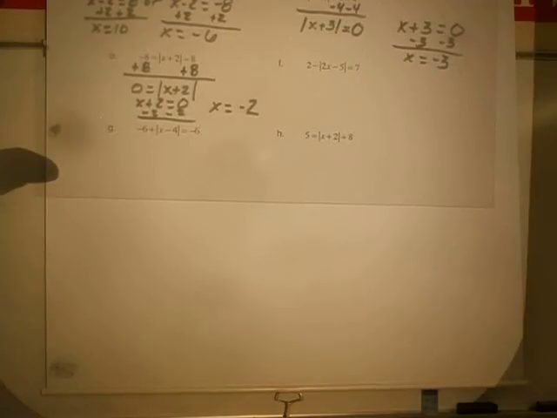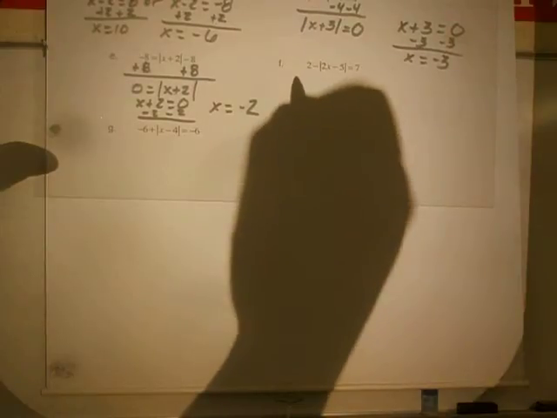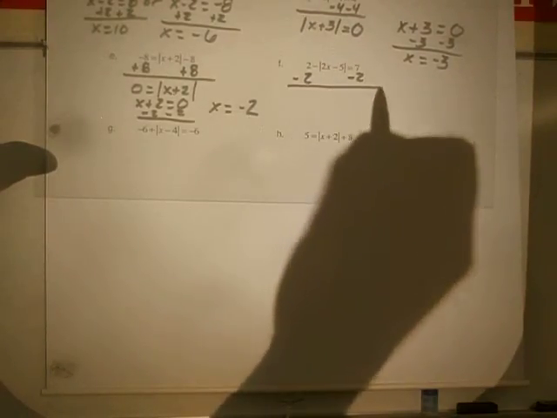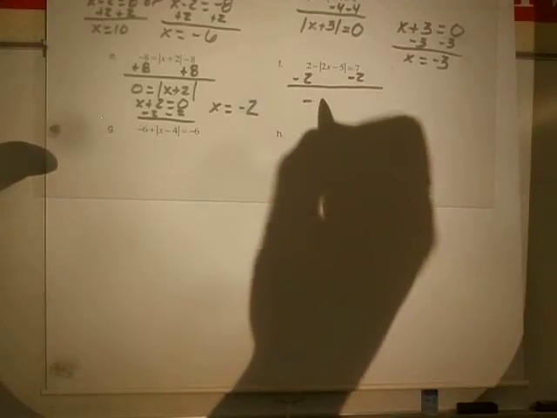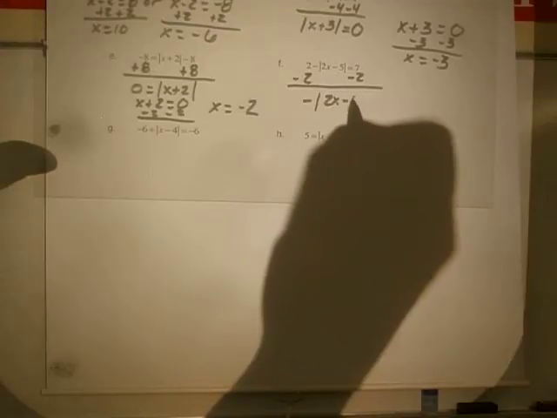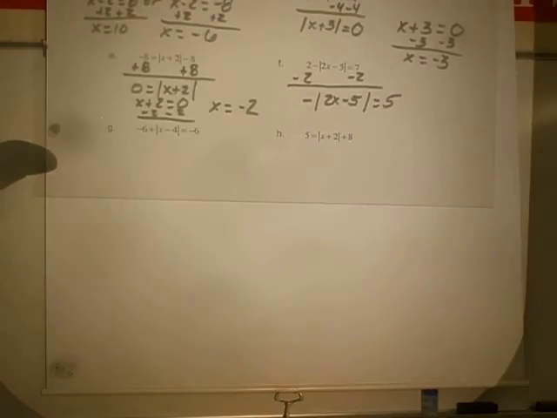Letter F, first thing we want to get rid of is this 2. So we will subtract 2 from both sides, and then we will have the opposite of the absolute value of 2x minus 5 equals 5.